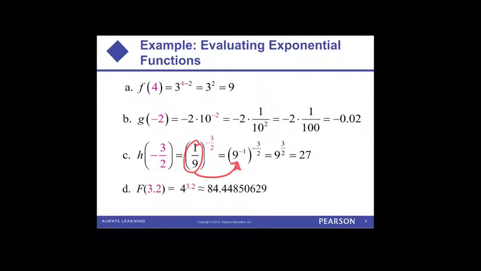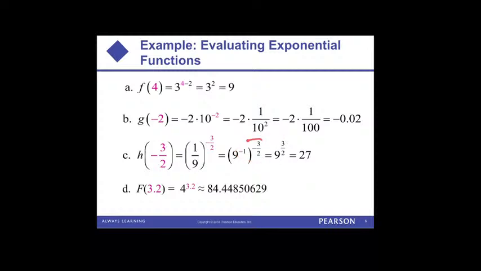If it's already in the denominator and you want to move it up, that's where that negative exponent comes from. Then when a power is raised to another power, we multiply those numbers. So negative 1 times negative 3 halves is a positive 3 halves. A double negative became positive.